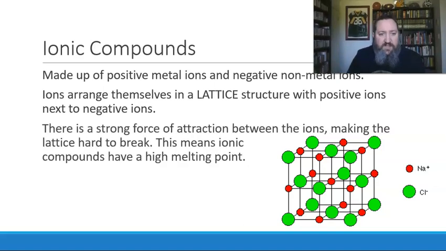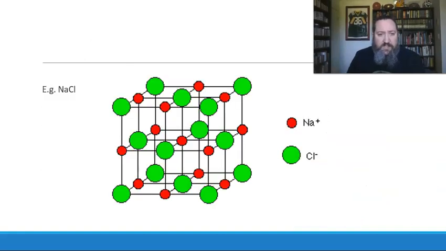With all of that positive and negative together, it's really hard to break these structures. They have really high melting points and really strong chemical structures. Here is a close-up view of sodium chloride. These kinds of compounds form crystals, salt crystals in this case.